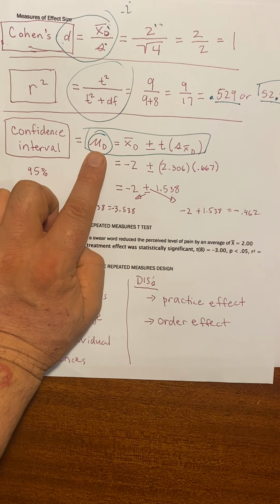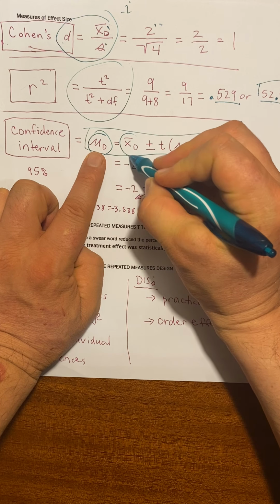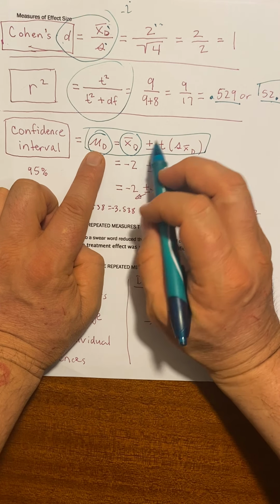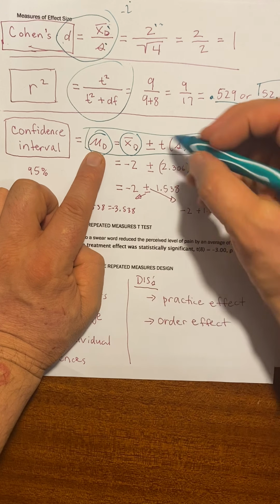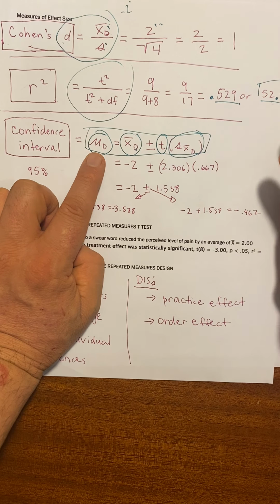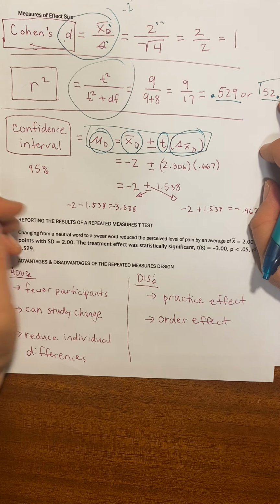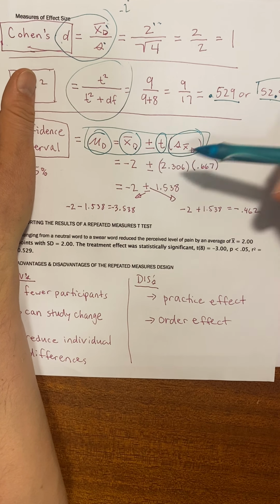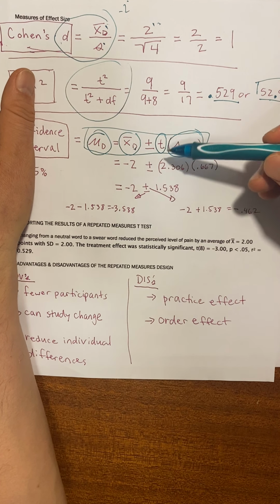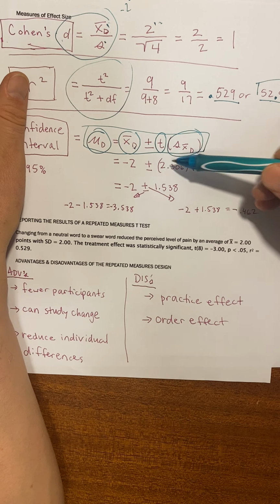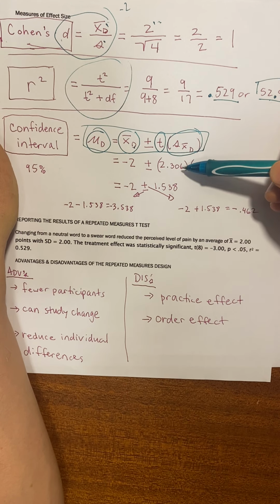The way you're going to get it is you're going to use your sample difference score, and you're going to add it to and subtract it from the t times this estimate of the standard error. In this particular experiment, remember that your sample difference score was that -2. We're going to keep it as a -2. The t that I've got here is this 2.306. How did I get that 2.306?